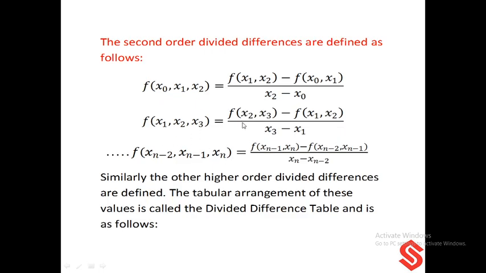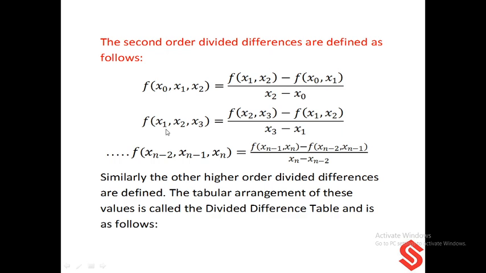Next, the second order divided differences are defined as follows. f(x0, x1, x2) = (f(x1, x2) - f(x0, x1)) / (x2 - x0). So we already have the first order divided differences f(x1, x2) and f(x0, x1).